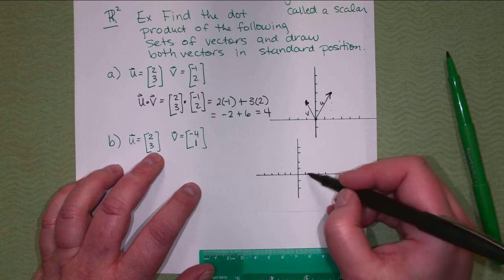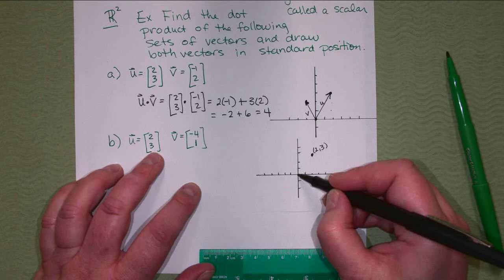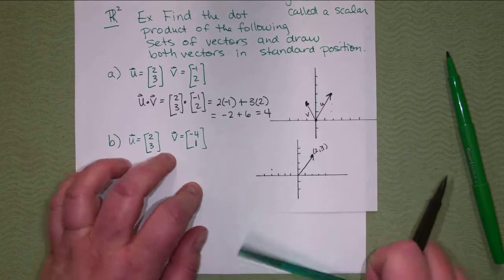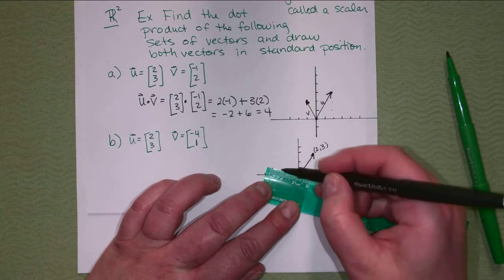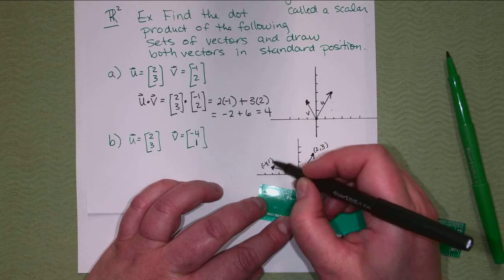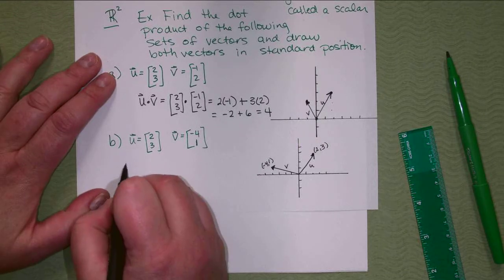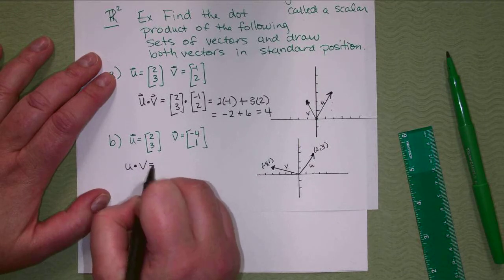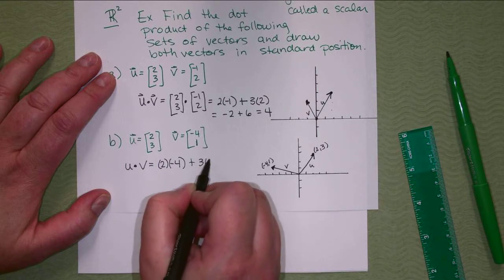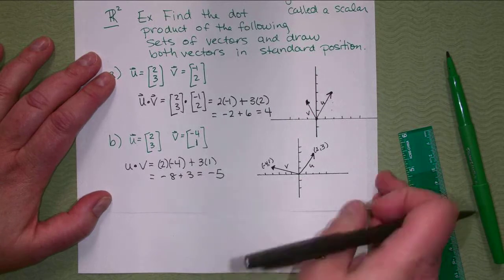Okay, so 2 and up 3, and 1, 2, 3, 4 to the left, and up 1. Okay, did anyone get the dot product for this one? So 2 times -4 plus 3 times 1, -5.